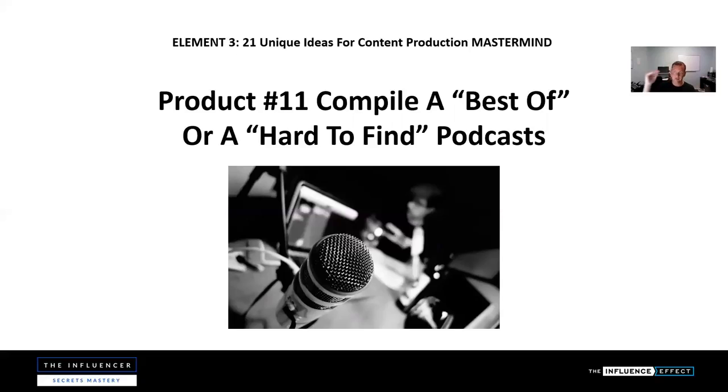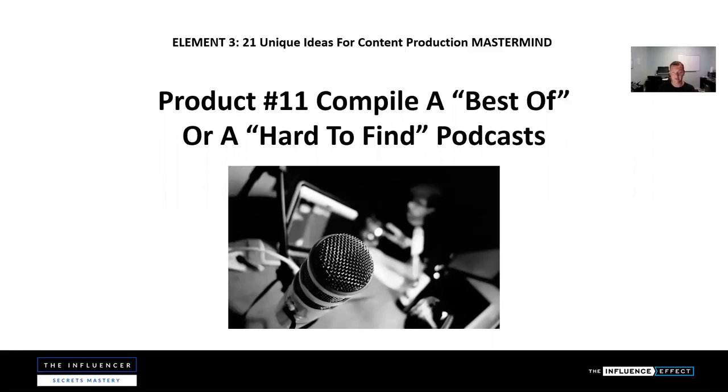So not only are you going to get this and this and this, you're going to get the 32 best or hard to find podcasts that talk about the entrepreneur lifestyle, right? They're out there. They're free. You can go find them, but I've already got them right here, right? Now, if it's in the public domain, if it's public, like on YouTube or iTunes, those things are free for the taking.